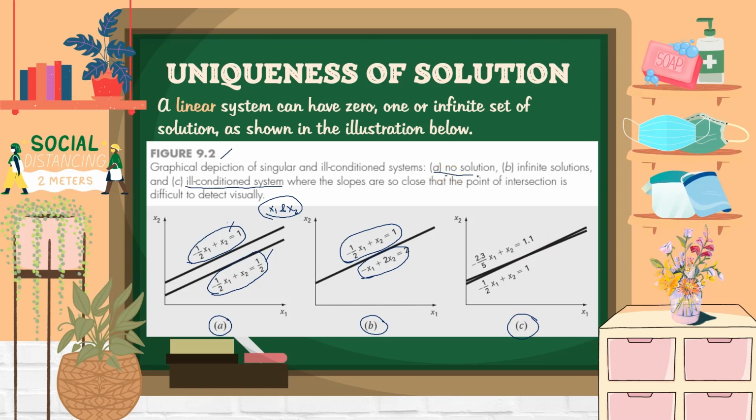So we have here the no solution, the infinite solutions, and the ill-conditioned system, where the slopes are so close that the point of intersection is difficult to detect visually. So we will have difficulty in detecting the point of intersection, or POI.